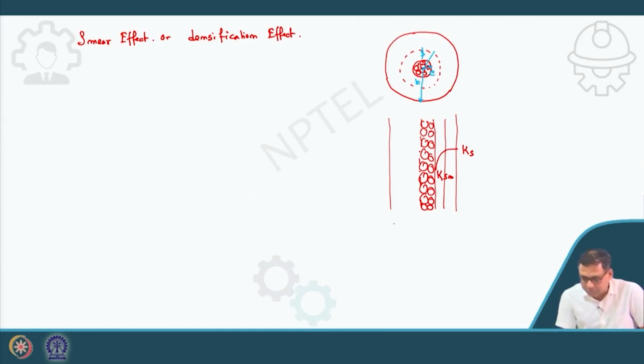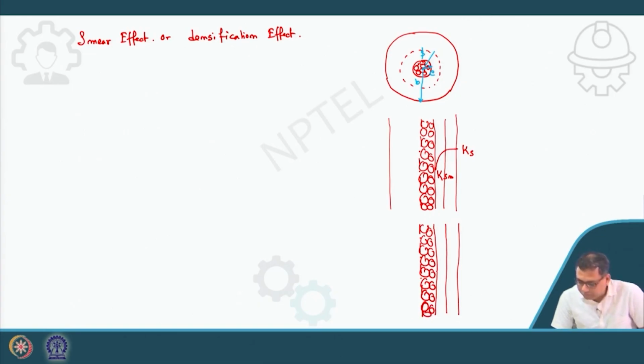Similarly, if I consider the compressibility, this is my column. The compressibility will also reduce because of densification, and that will also follow a parabolic variation. In the undisturbed zone there is no variation because it is constant for the soil, but in the disturbed zone there is variation.